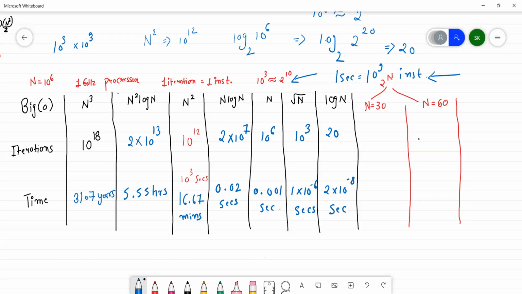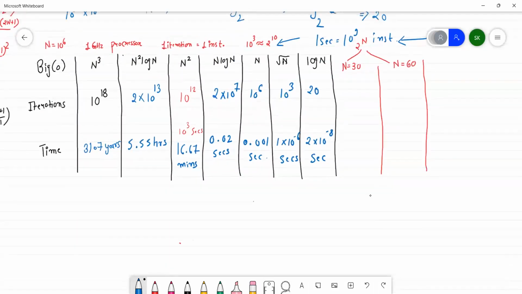Clear, everyone? So you all can see here that for binary search, the time complexity is log n, and you can see how little time it takes to execute your search.